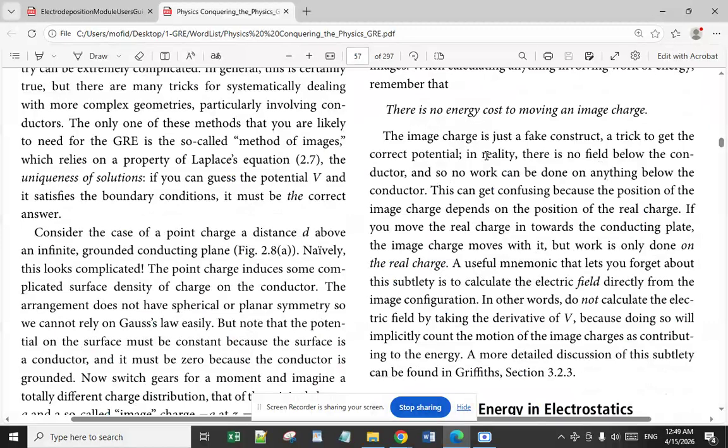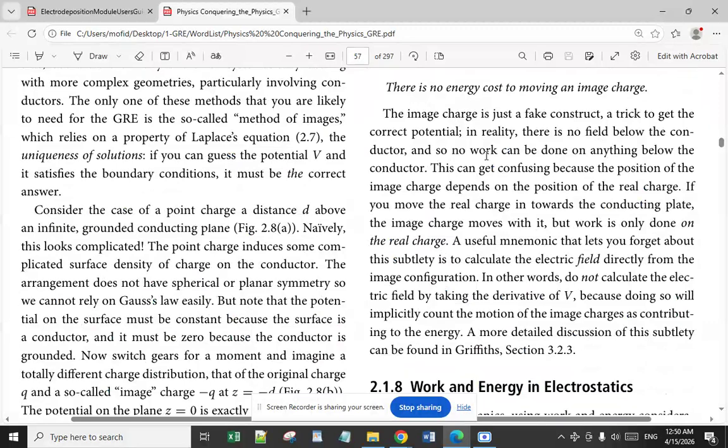In reality, there is no field below the conductor, and so no work can be done on anything below the conductor. This can get confusing because the position of the image charge depends on the position of the real charge. If you move the real charge in towards the conducting plane, the image charge moves with it. But work is only done on the real charge.